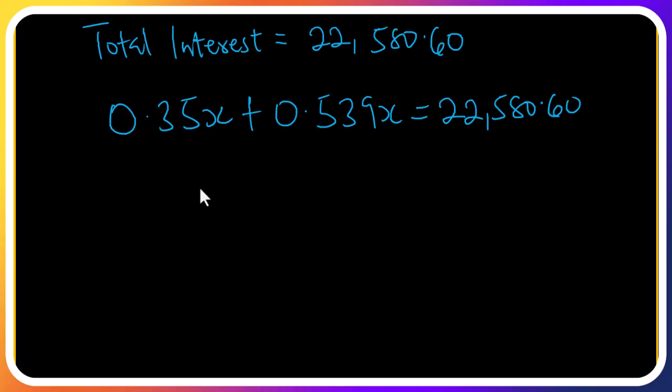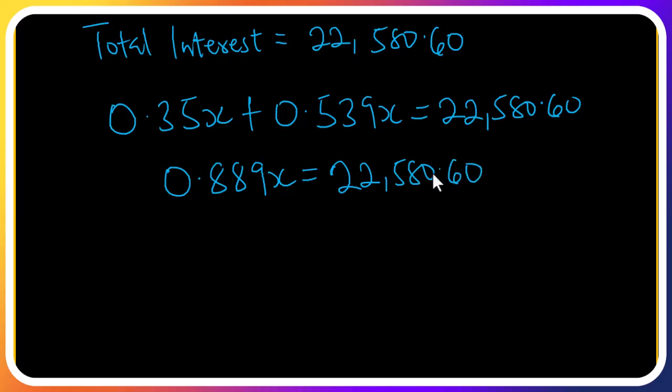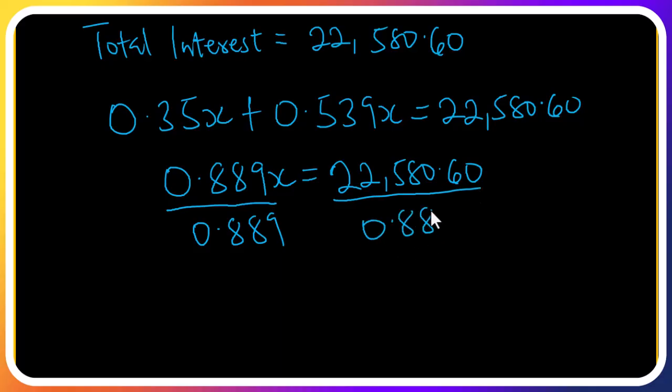So simplifying this in its simplest form, we have 0.889x equals 22,580.60. So compute this on the calculator by dividing through by the coefficient of x.